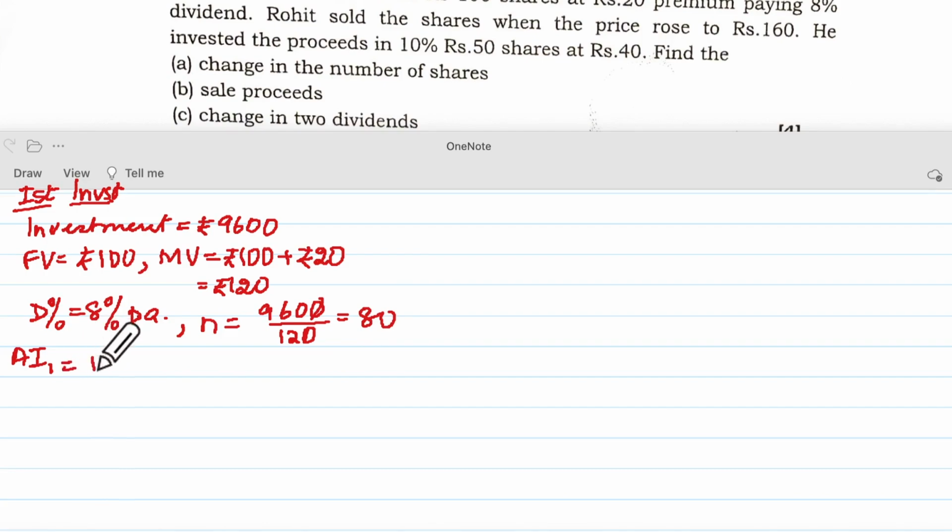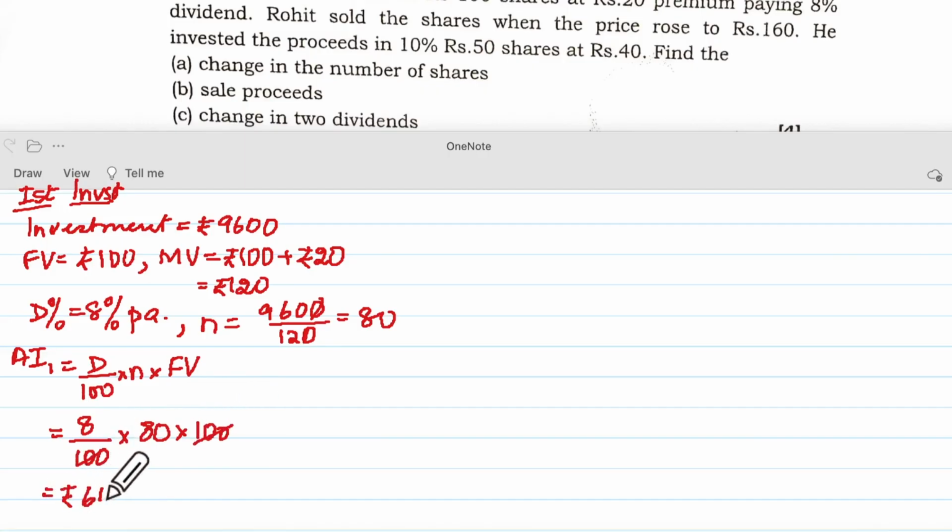Now AI will be equal to D upon 100 into N into FV. So that will give us 8 upon 100 multiplied by 80 multiplied by 100. Easy calculations, rupees 640. So this is your AI1.